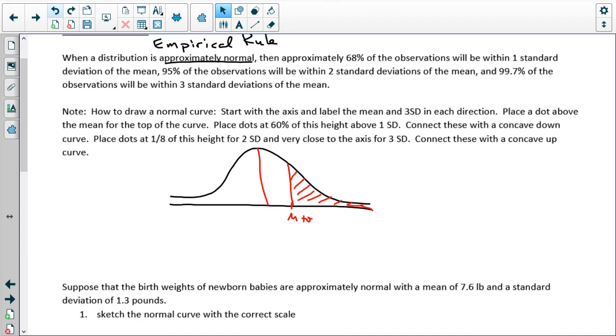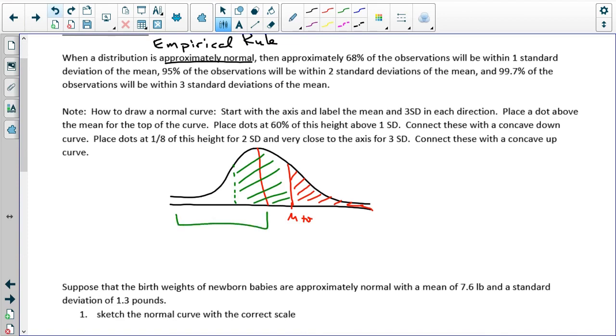Well, just doing a little bit of calculating, I know that this is 50% from the mean all the way to the edge of the left, and in the middle is 68%. So if I divide that 68% by 2, there's 34% on each side of the middle.